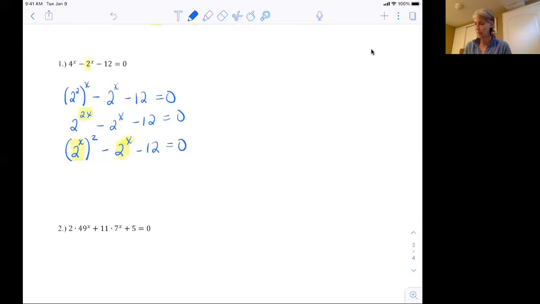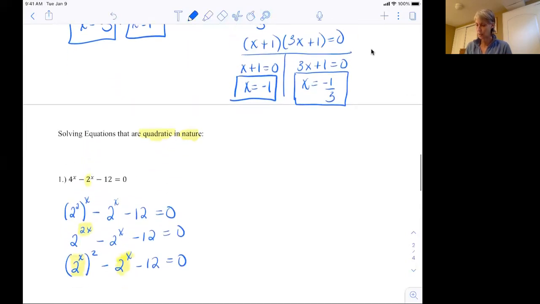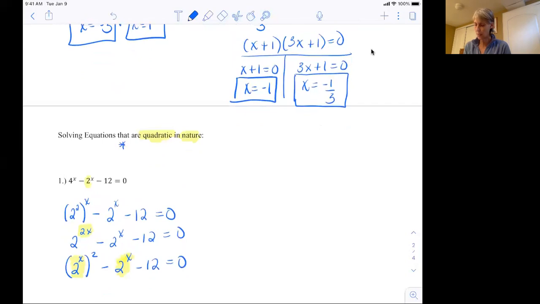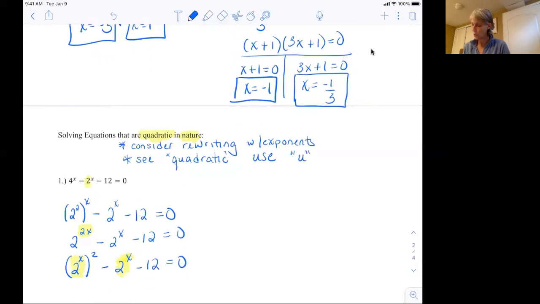And in these types of examples, we want to consider rewriting with exponent laws. And if you see a quadratic, what we're going to do is use what we call U substitution.